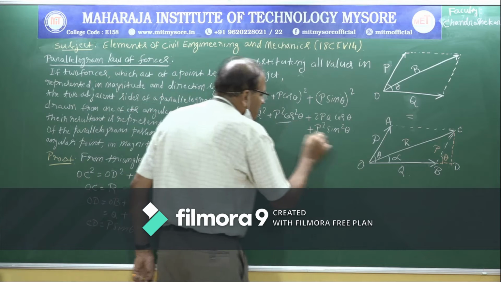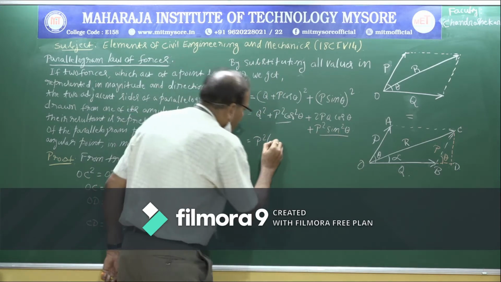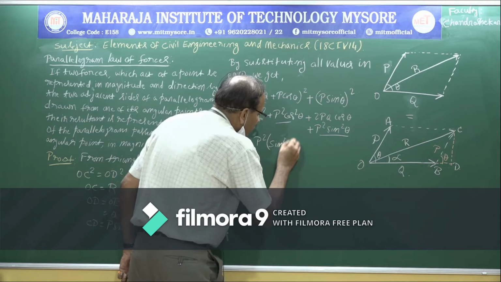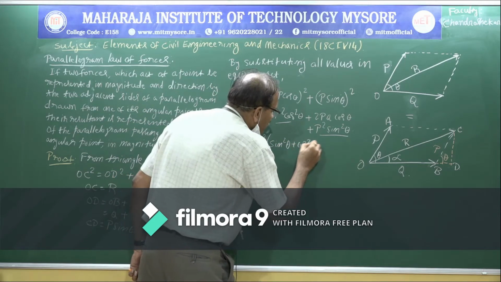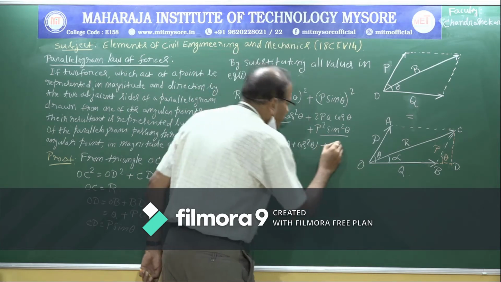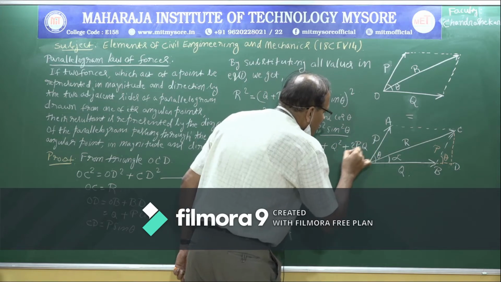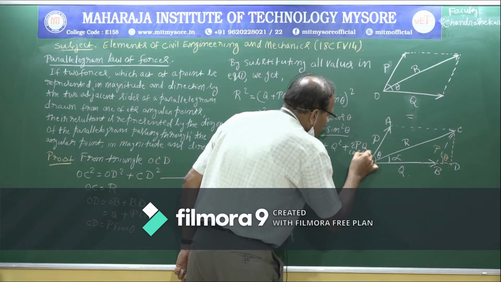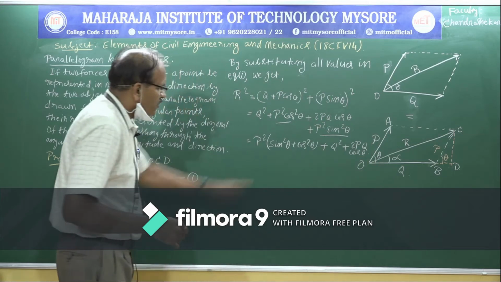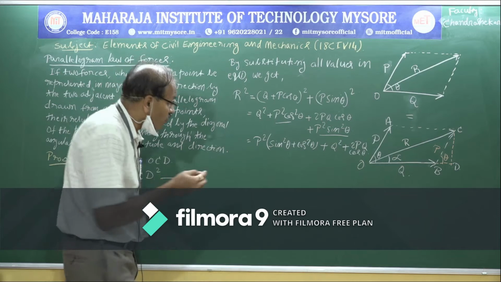By taking these two first, P square is the common factor, sin square theta plus cos square theta, plus Q square plus 2PQ cos theta. So sin square theta plus cos square theta equal to 1.